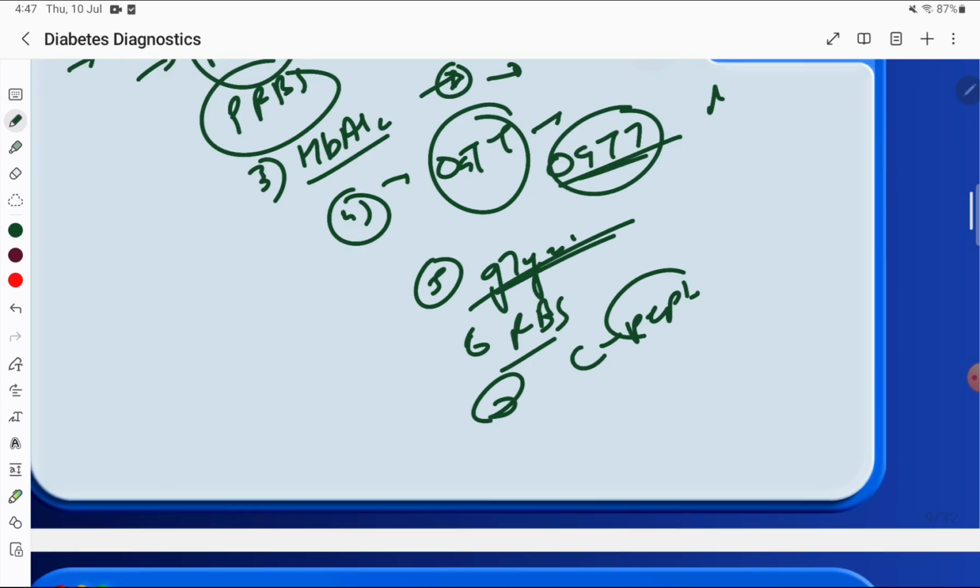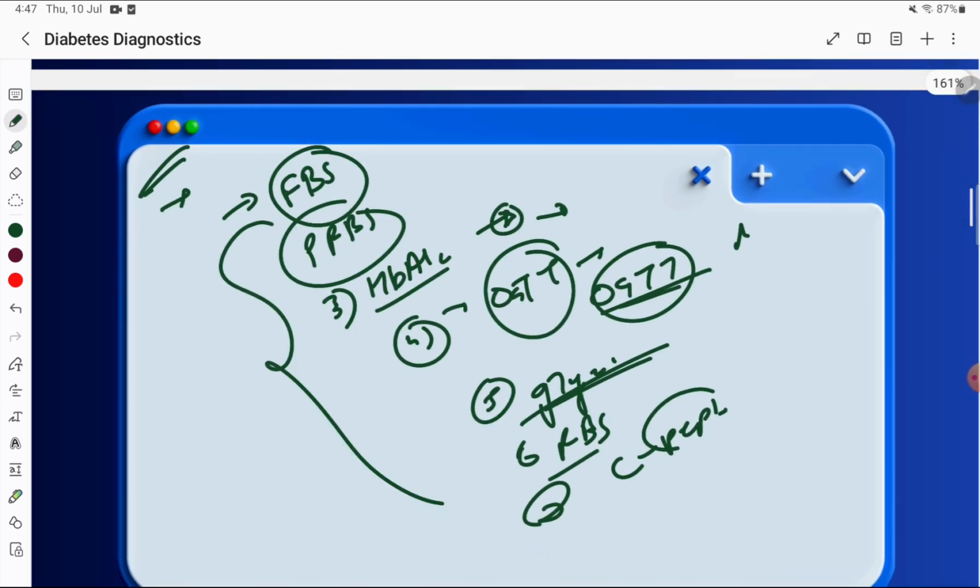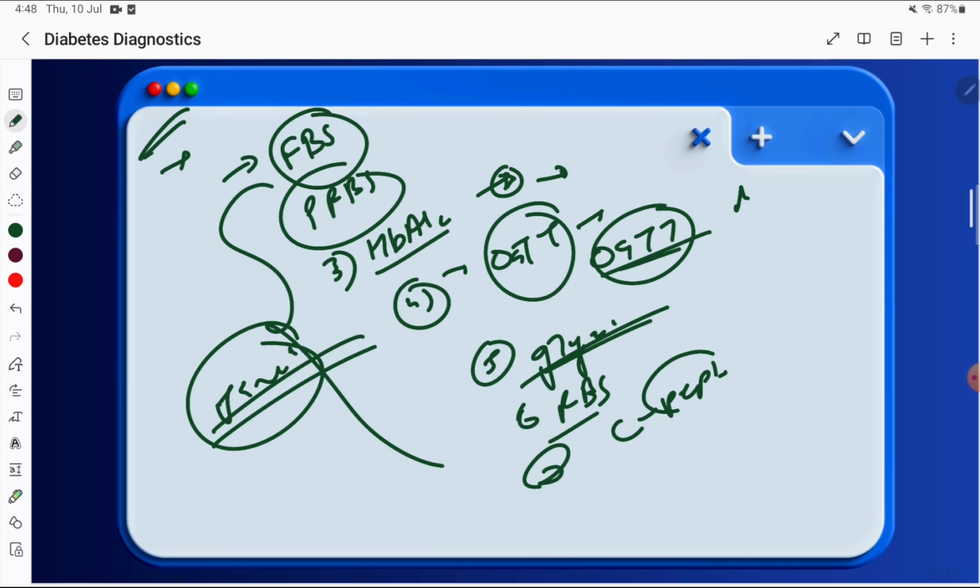What you are seeing here is a general panel of blood sugar tests which we expect to study in a patient of diabetes, or when you want to confirm or diagnose a fresh case of diabetes mellitus. In the second part, we'll study these tests in detail.